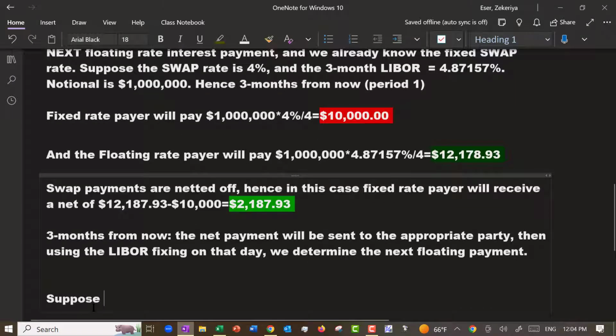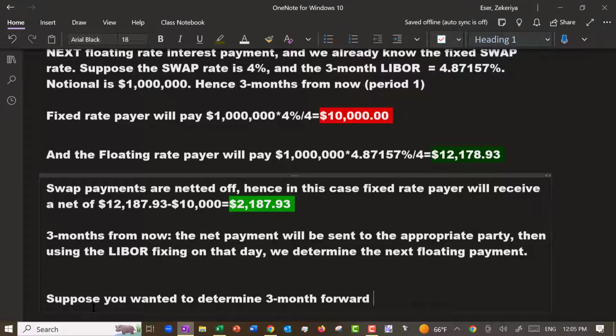Suppose you wanted to determine the 3 months forward rate, 29.75 years ahead.